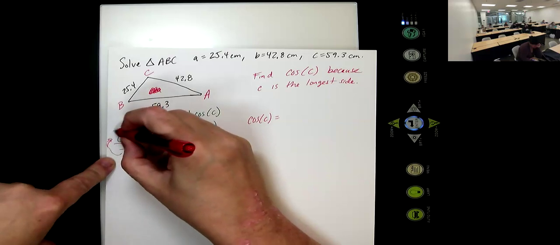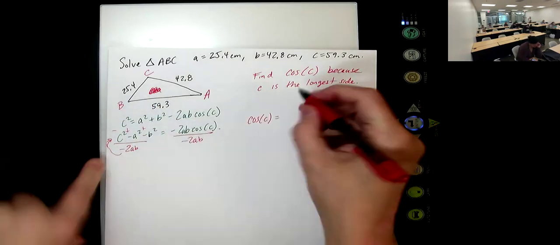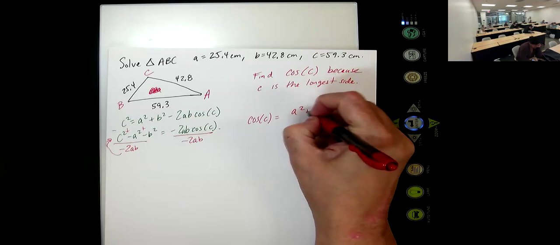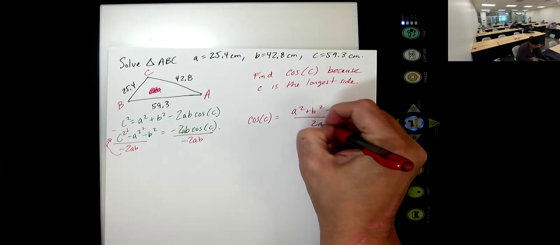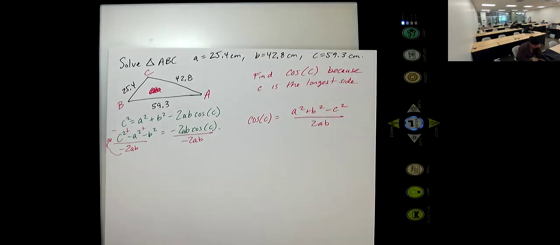Make this a negative, this a positive, this a positive. I'm gonna have a squared plus b squared minus c squared over two ab. That'll help me find cosine C and then I do cosine inverse.